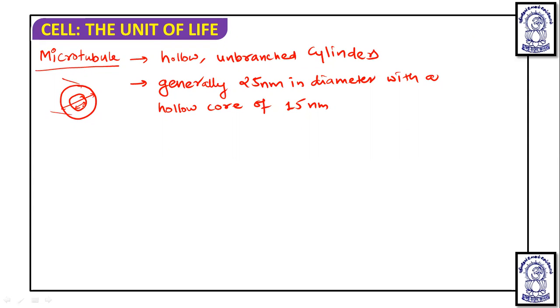In this, if we talk about this boundary, it is made up of... suppose this is the microtubule, and if we draw it in a broader way, here a total of 13 protofilaments are found.